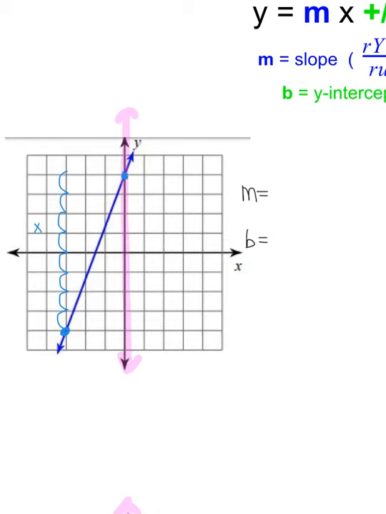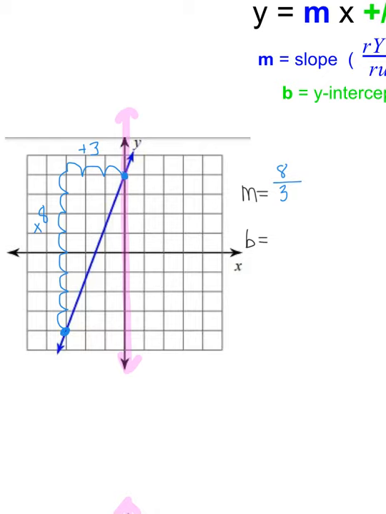I went up 8, so that's plus 8. And then I'm going to run 1, 2, 3 to the right, so that's a positive 3. I'll put it together in my slope, the rise over the run. That can be left as 8 over 3 because it doesn't simplify.